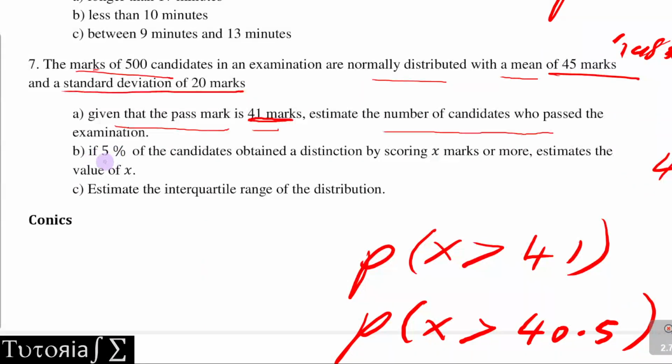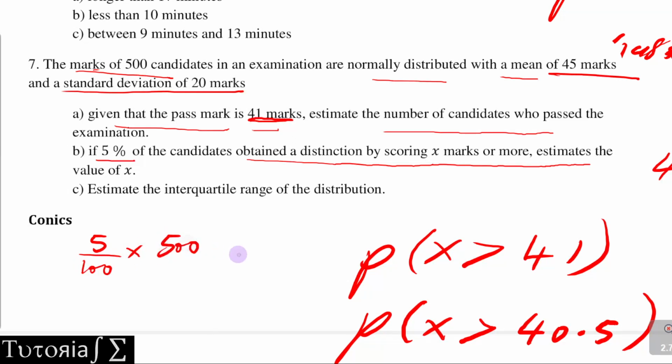Okay, so if 5% of the candidates obtained a distinction by scoring X, estimate the value of X. Okay, so 5% obtained a distinction. So what is 5% of 500? So that is 5 over 100 times 500.